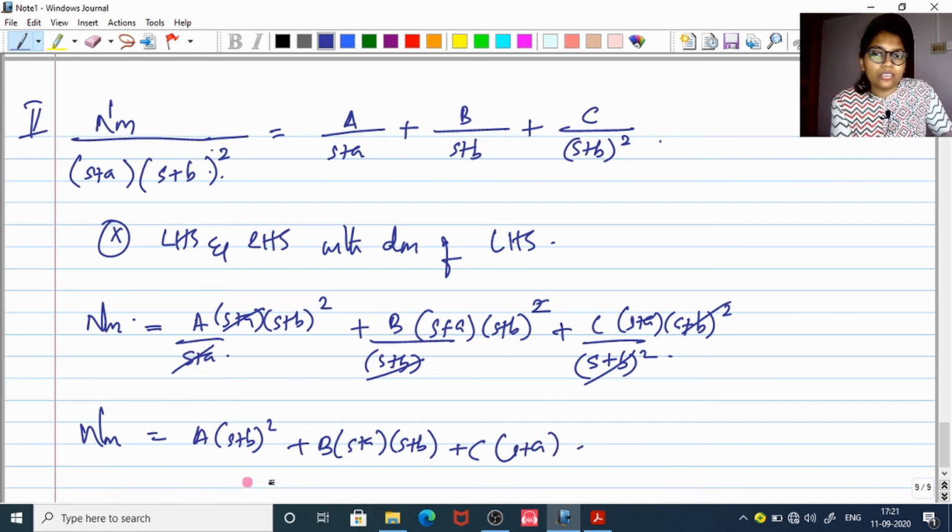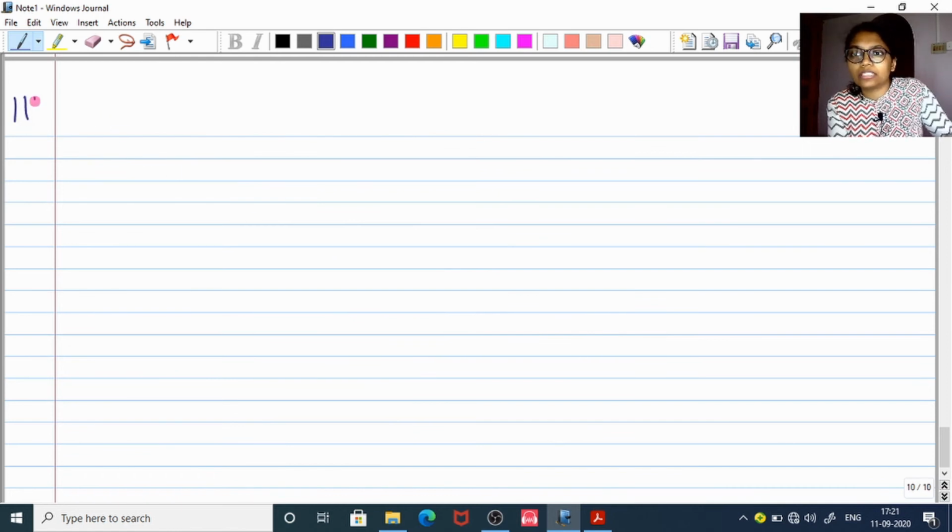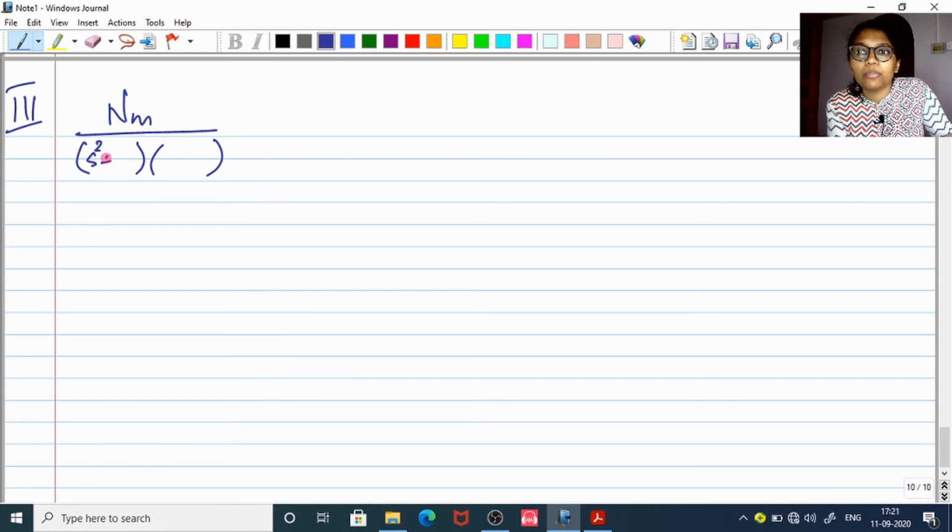This is your second type of partial fraction, and the last type of partial fraction is numerator divided by a product where inside the bracket you will have a second degree polynomial. For this second degree polynomial, the numerator for the partial fraction will be as plus b divided by s square plus a.